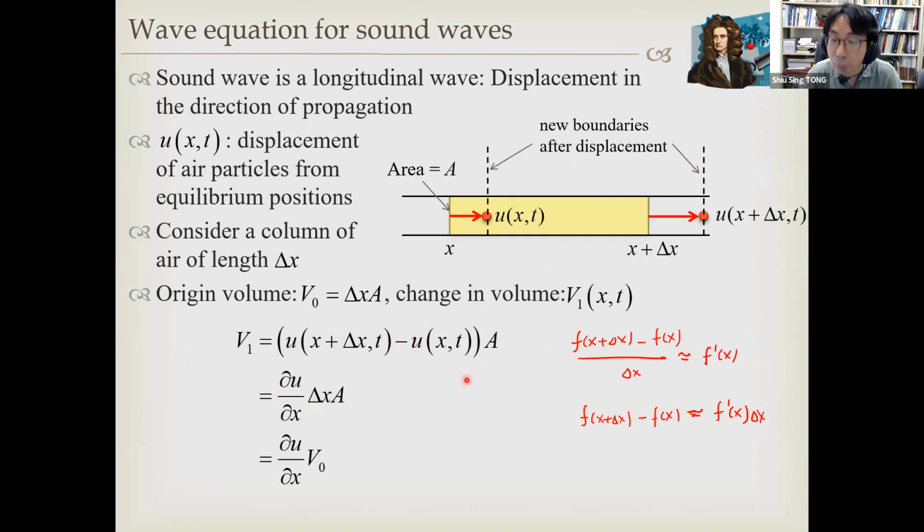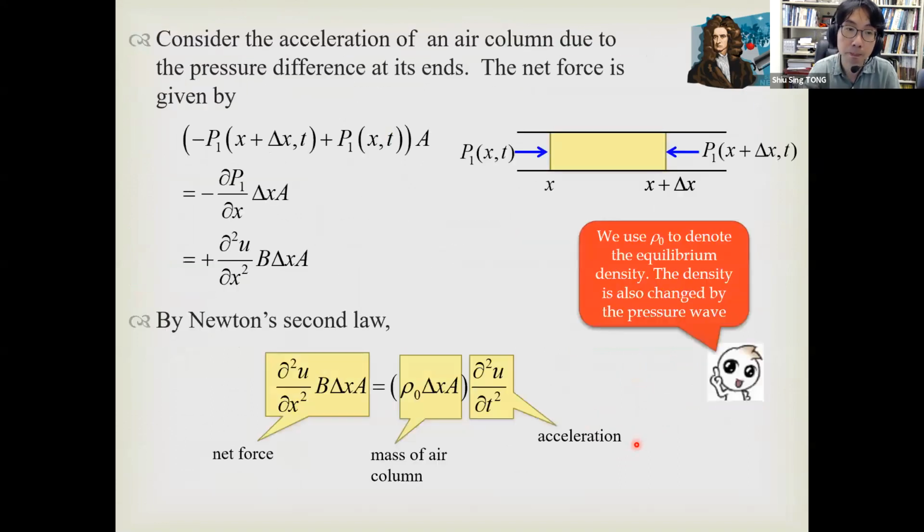Now we can apply the same for P. If this function stands for P, we have P(x plus delta x) minus P(x), divided by delta x, and that is the derivative of P. So we can also move the delta x to the right-hand side to find the difference. The difference between the two P is ∂P1/∂x multiplied by delta x.